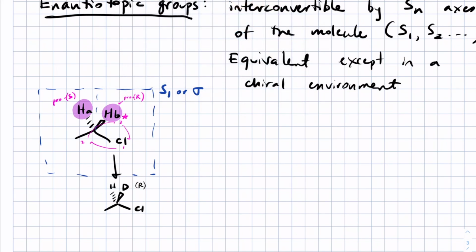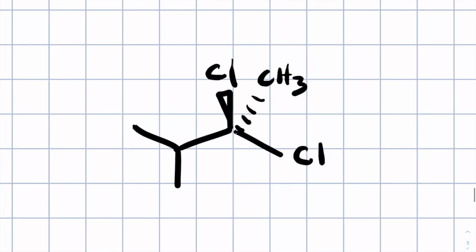So as an example, here are some enantiotopic chloro groups. And you know what? I'm going to just make this easier on us. Put CH3 in the back, put chloro there. If we pretend that this chloro is a heavier isotope, then we would go 1, 2, and 3, and then that would be the pro-R chloro.